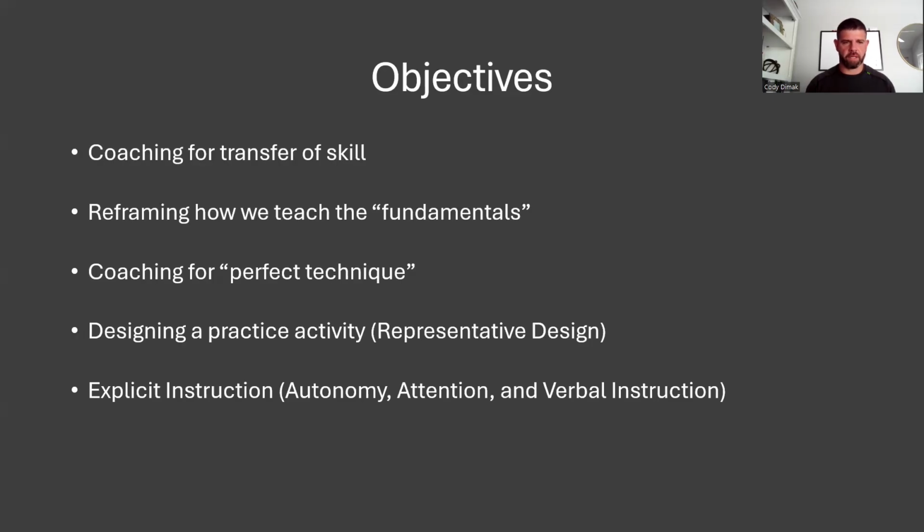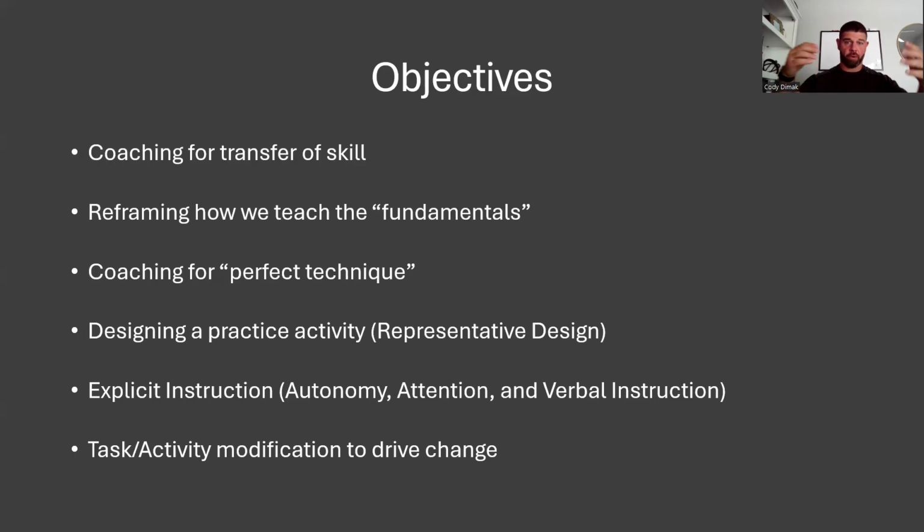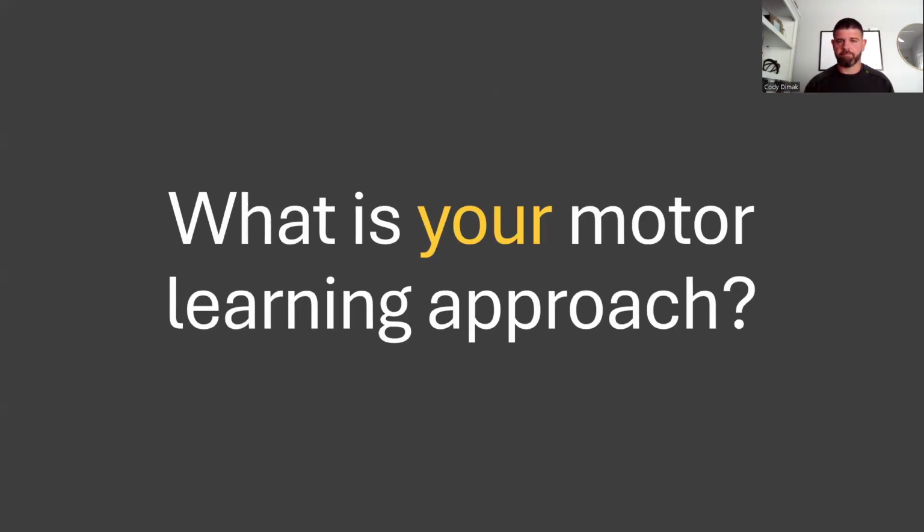And then, how do we modify the activity or the task to drive the change we're looking for within our athletes? Those are the main objectives today, and hopefully I hit all of these as we move through this talk.